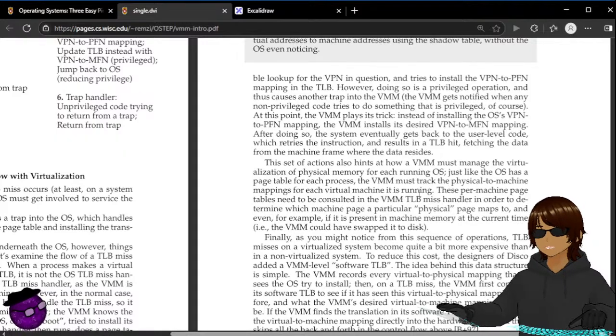These per machine page tables need to be consulted in the VMM TLB handler in order to determine which machine page a particular physical page maps to. And even if it is present in machine memory at the current time, the VMM could have swapped it to disk.